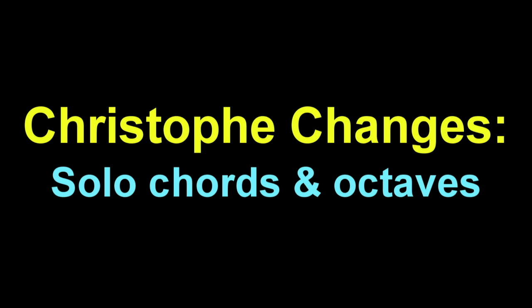Let's go to Christoph changes. Christoph changes are among the most challenging chord progressions to solo over, so it's a good idea to find some ways to navigate them. And for this video, to keep things as simple as possible, I've chosen to navigate them with some chords, some high chords, typical gypsy jazz solo chords, and some octaves.